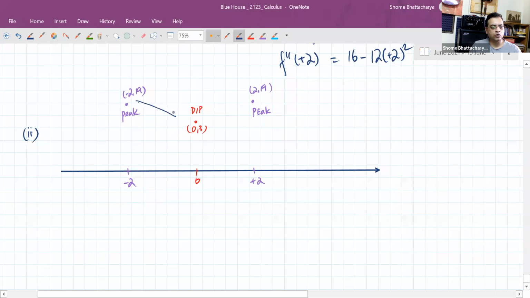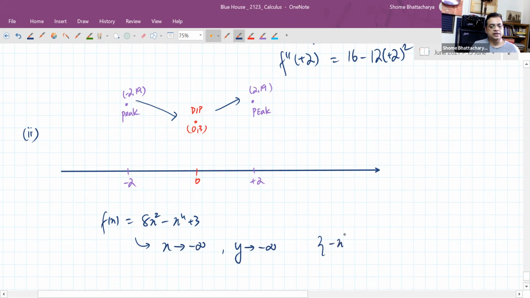Obviously, in between there's no other maxima and minima, so the function has to drop, and it has to rise. But just to check what's happening on this side, you can also see that the function was 8x squared minus x to the power 4 plus 3. So for x tending to minus infinity, what does y tend to? y tends to minus infinity, because the minus x to the power 4 term dominates.